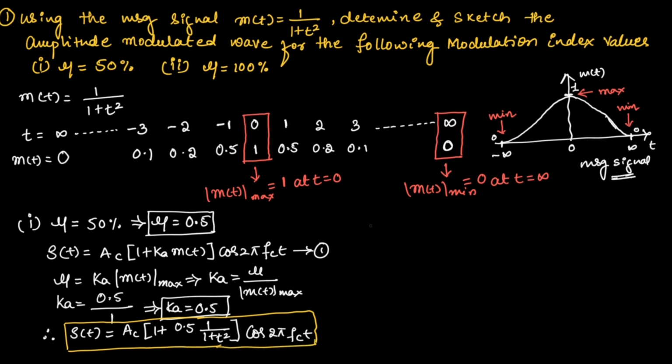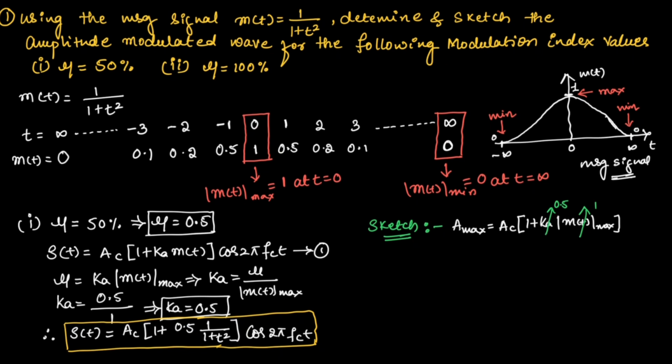Now we need to sketch this waveform. So to sketch the waveform, let us take two terms, which is A maximum, that is equal to AC into 1 plus Ka m of t maximum. So m of t maximum is 1, Ka is 0.5. So 0.5 multiplied with 1 is 0.5. 1 plus 0.5 is 1.5.